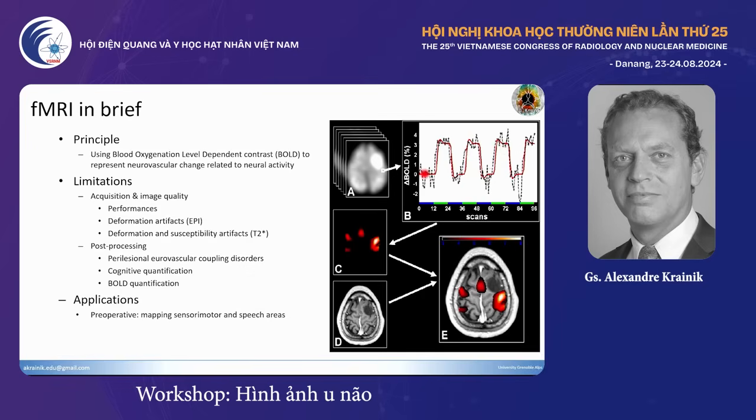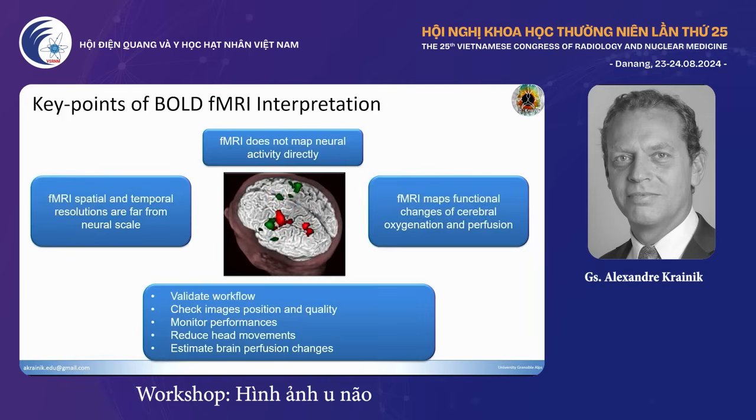And for each voxel, you will test the statistical relationship between your observed signal change and this theoretical signal change. And when the relationship is above a certain threshold, you can put a red light. And finally, you superimpose your statistical mapping over the anatomy and fuse both images. That's the way it works.